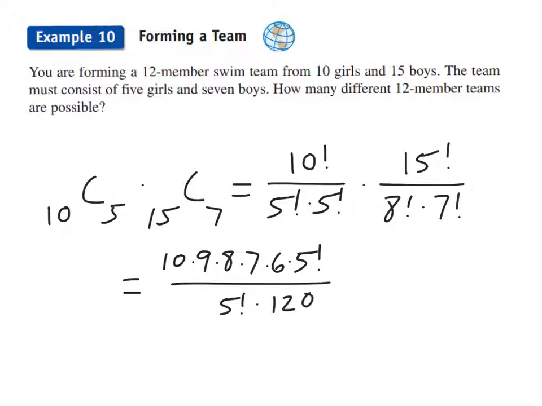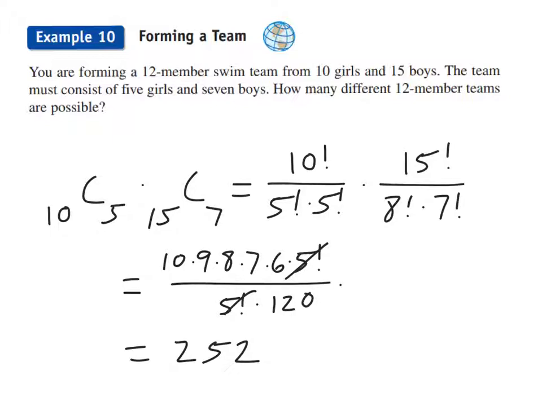I'm going to leave that one because those will cancel. 10 times 9 times 8 times 7 times 6 over 120. That would be 252.